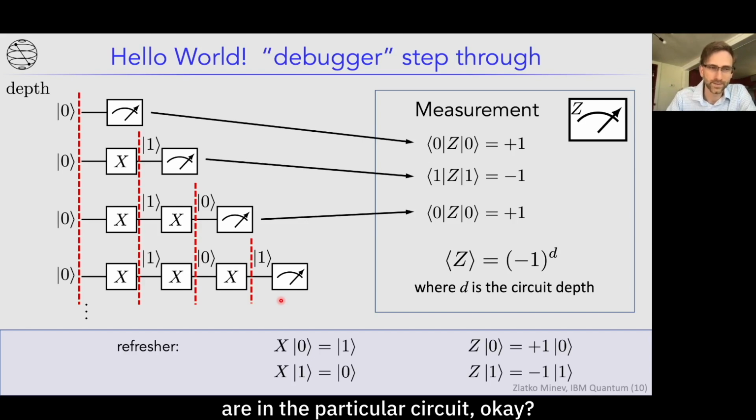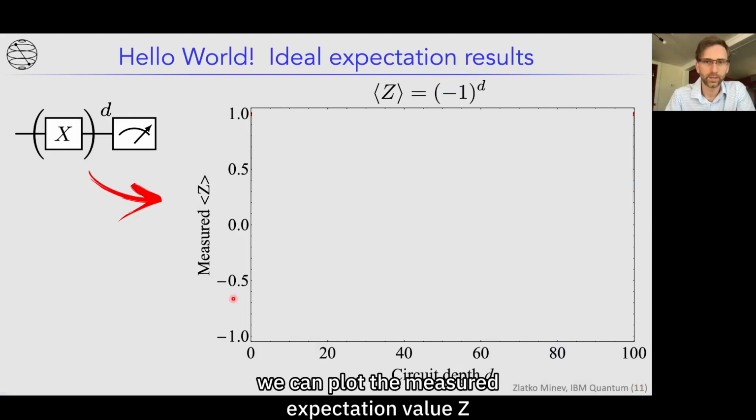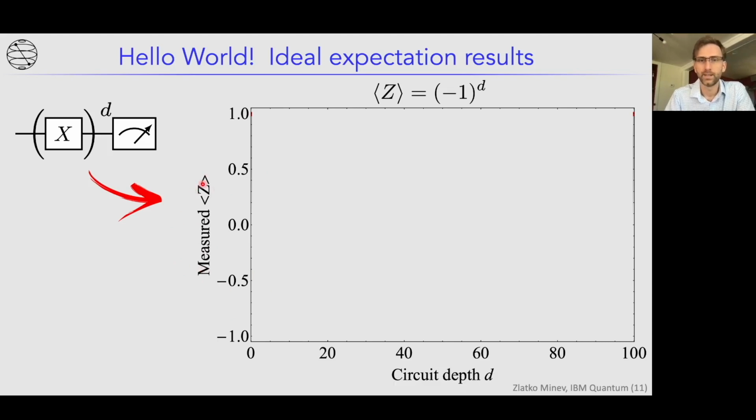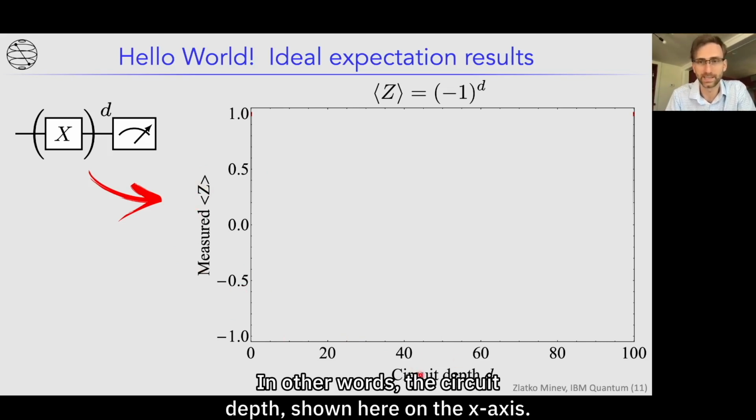Okay, so let's visualize this on a plot. On the y-axis of this plot, we can plot the measured expectation value of z as a function of how many times we have flipped the qubit, in other words, the circuit depth.